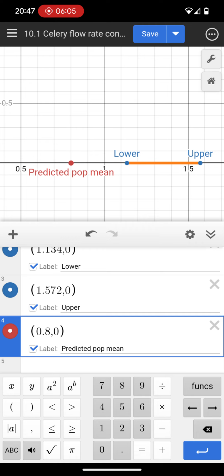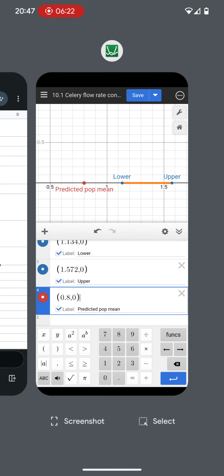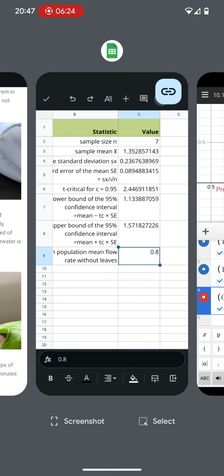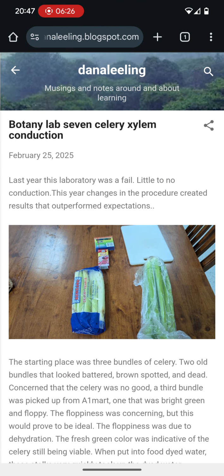This sample can't go that low. So we can reject the possibility that celery with leaves has a flow rate way down at 0.8. In other words, the leaves on the celery drive the flow rate. And indeed, that was a note made in the laboratory itself, that the laboratory failed last year.